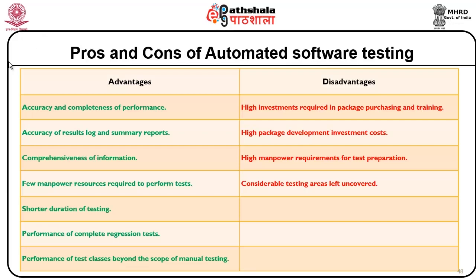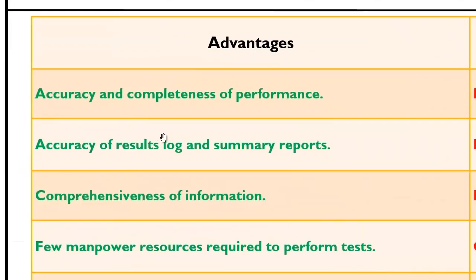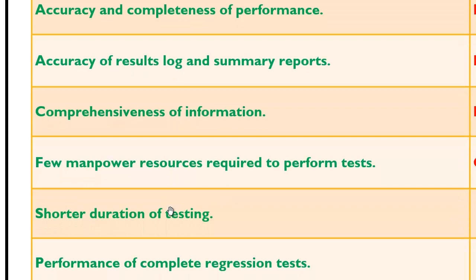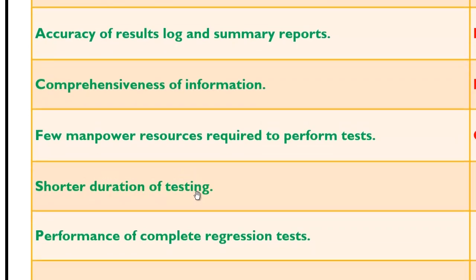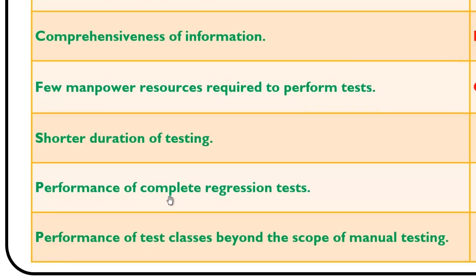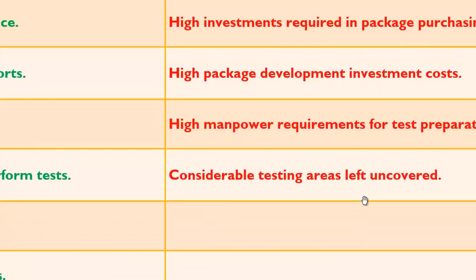Pros and cons of automated testing. Advantages: accuracy and completeness of performance, accuracy of results, log and summary reports, comprehensiveness of information, few manpower resources required to perform tests, shorter duration of testing, performance of complete regression tests, performance of test classes beyond the scope of manual testing.